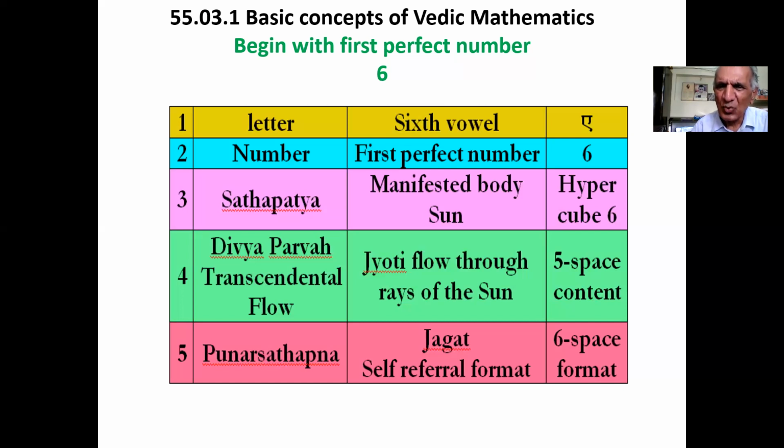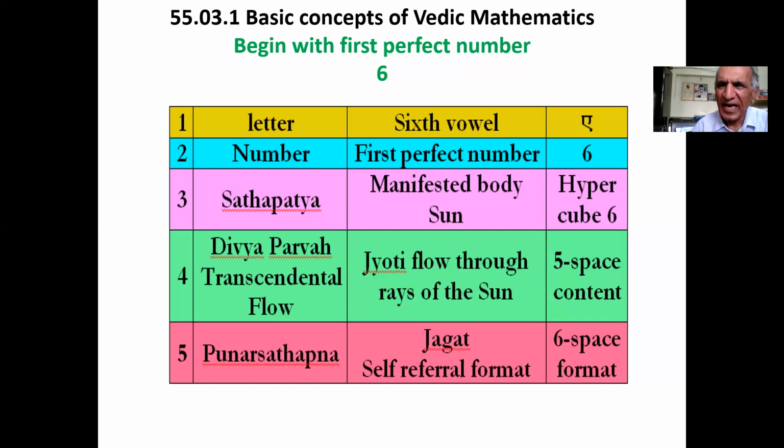6 as a Surya Ank means that when we transcend further from the Ank Samamanaya to Sthapatya, geometric formats, then we will have a reach at the hypercube 6 format.